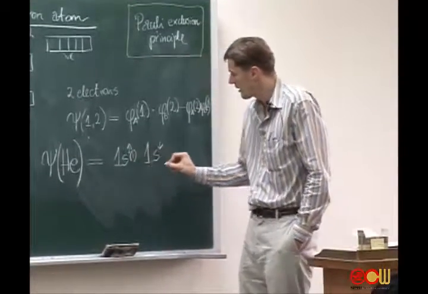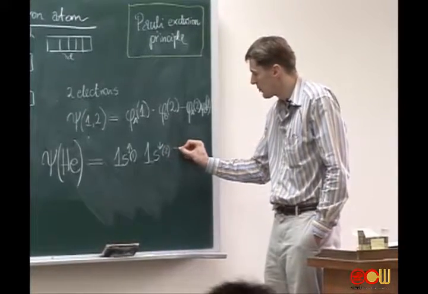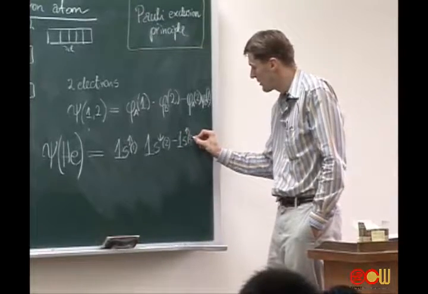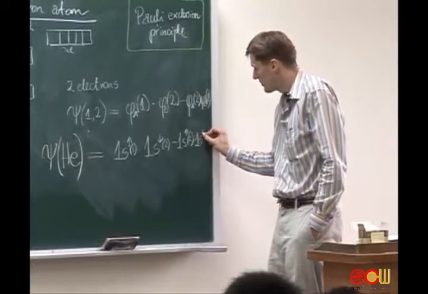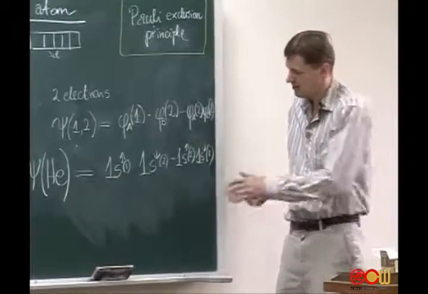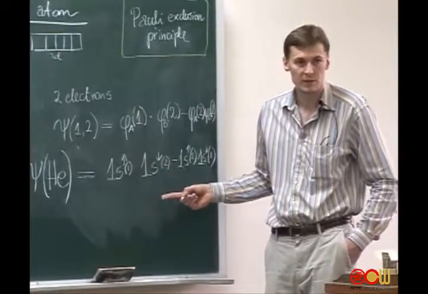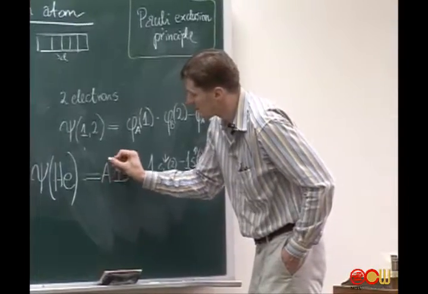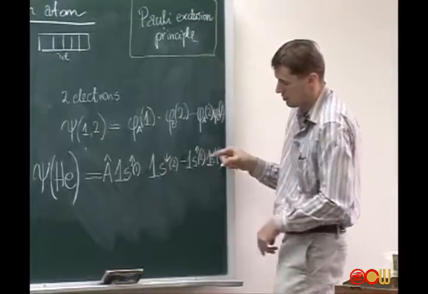This describes the electron 1, this one describes the electron 2. So there must be, of course, the other term, 1s with the spin up describing electron 2 multiplied by 1s with the spin down describing electron 1. But this term always is there, so I always will be writing shortly. So one way of doing this thing is writing here the antisymmetrizer operator, that acting on this gives me also this term.